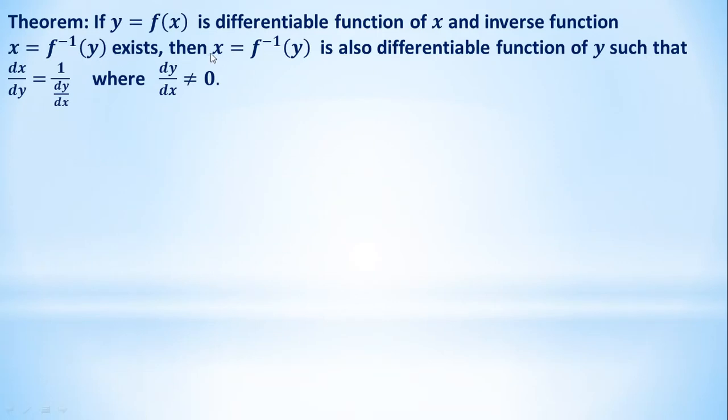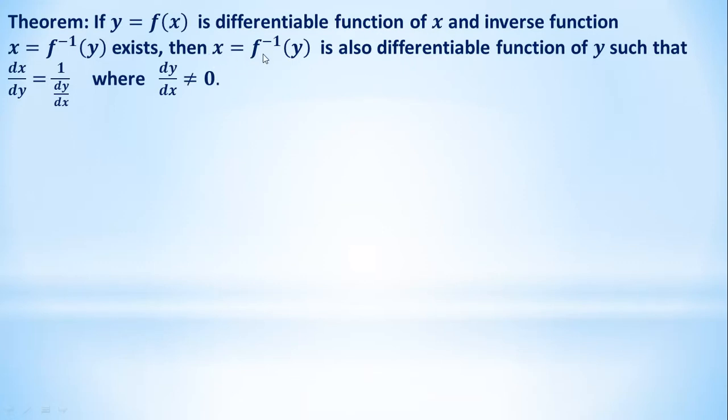Then the theorem says that x is equal to f inverse y is also a differentiable function of y, meaning the derivative of x with respect to y exists. See the meaning of this statement perfectly.